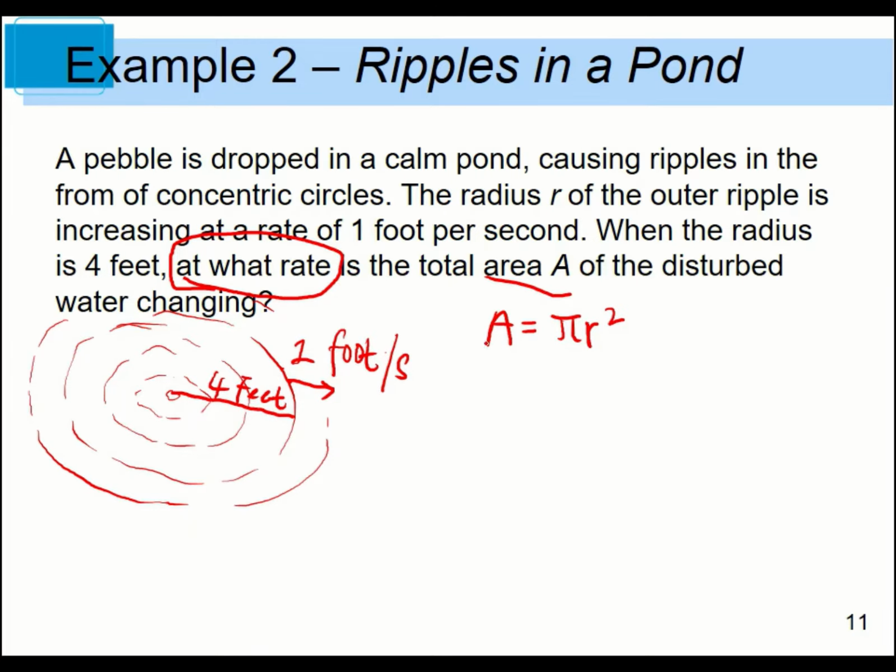According to the question, this value is given as 1 foot per second. When we look at the unit, 1 foot is actually the radius. So this is the change of the radius over the change of time, therefore dr/dt is 1 foot per second.